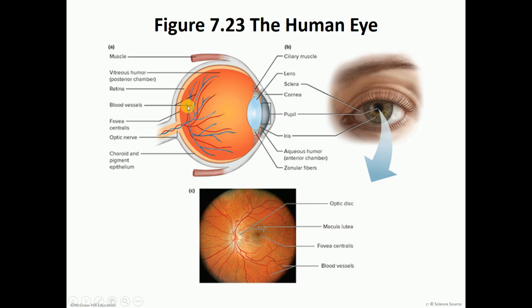Now, all 3 of these layers are going to be perforated towards the back or the posterior part of the eye by this optic disc. The optic disc has the optic nerve and the ophthalmic arteries and the ophthalmic veins. Okay, so the blood vessels. If you look at the retina through the pupil, you are going to find these 2 areas.